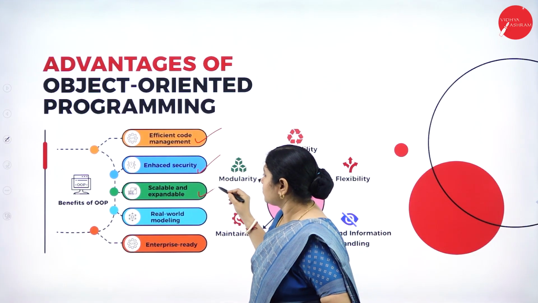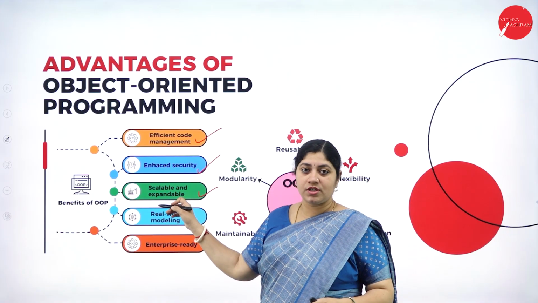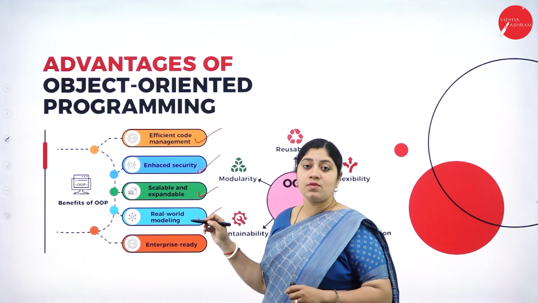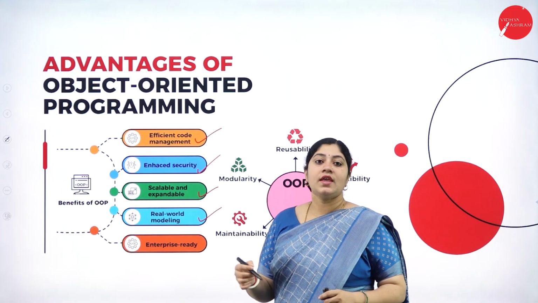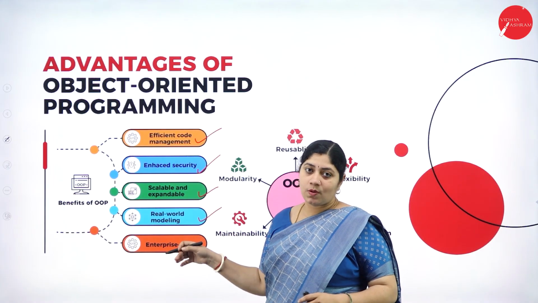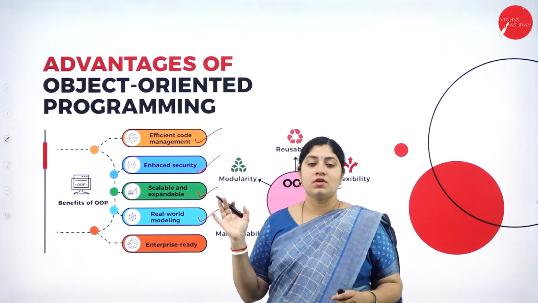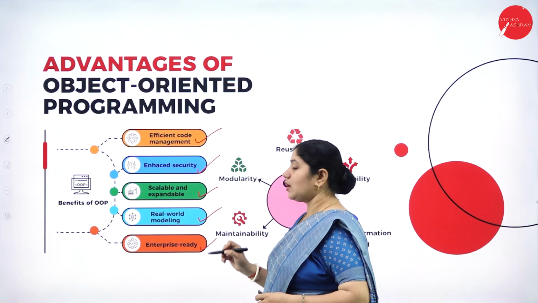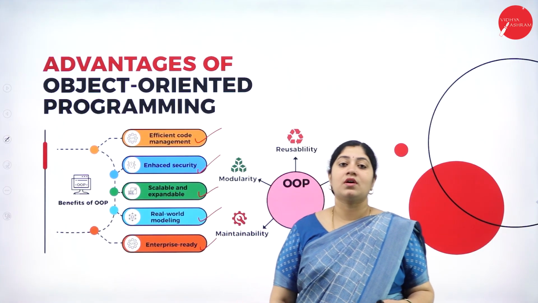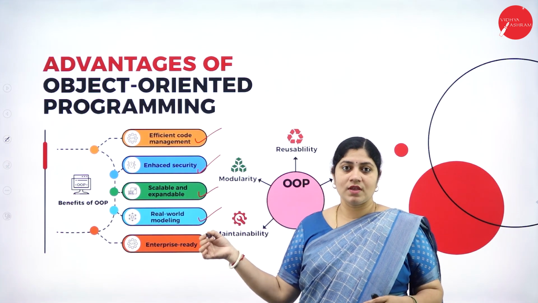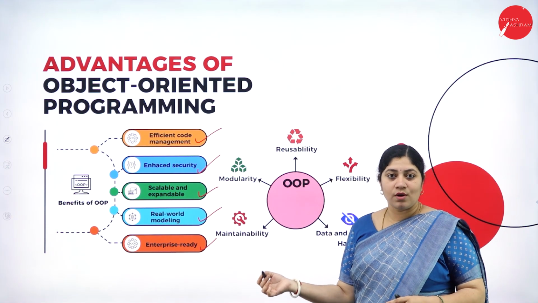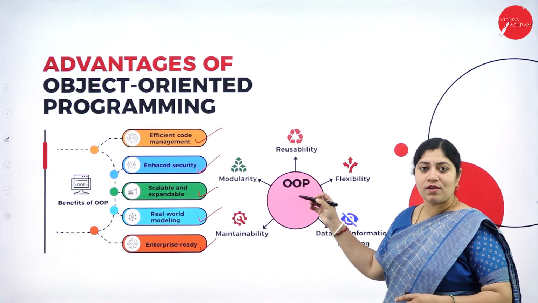Similarly, scalability as well as expandability can be considered, and similarly real world modeling can also be done. Then we can say by doing all these things we can give code which is enterprise ready. So this forms the complete benefits of OOP. Along with this, we also have ample other benefits or advantages. So let's see one by one what those are.